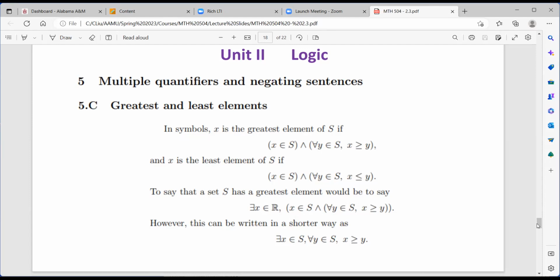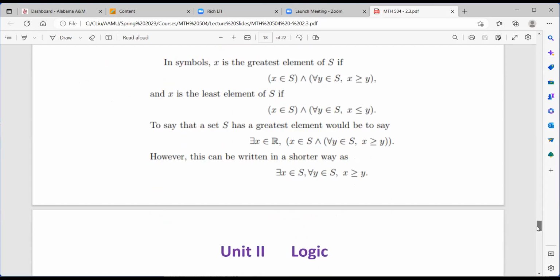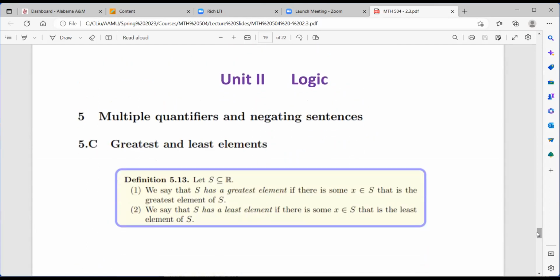So that's the short notation or shorthand way to define the greatest element. And you can do a similar thing for the least element in S in symbolic logic.